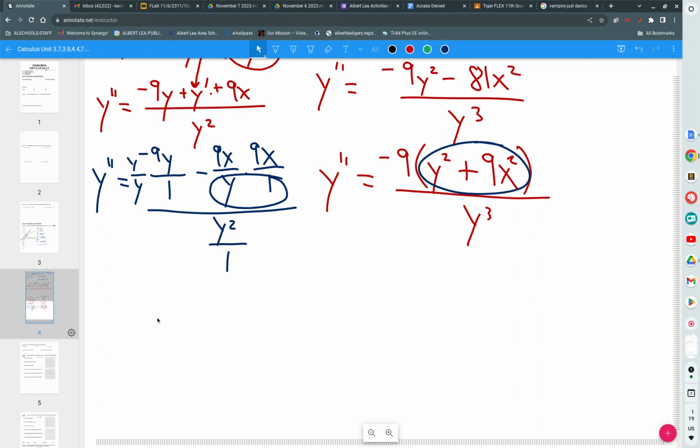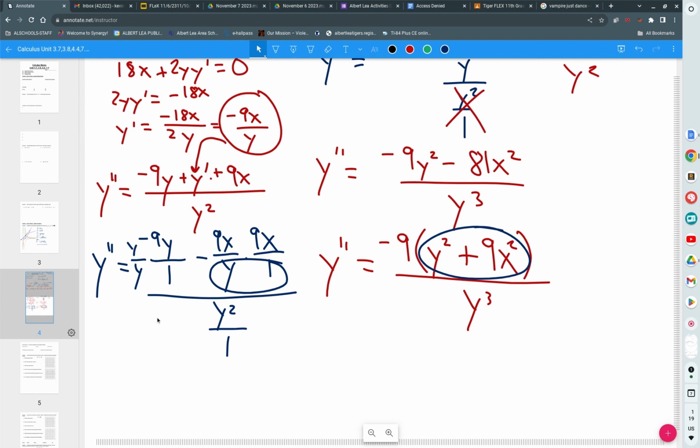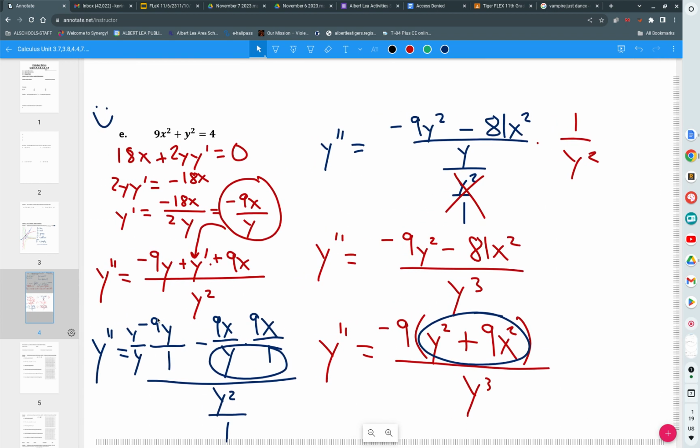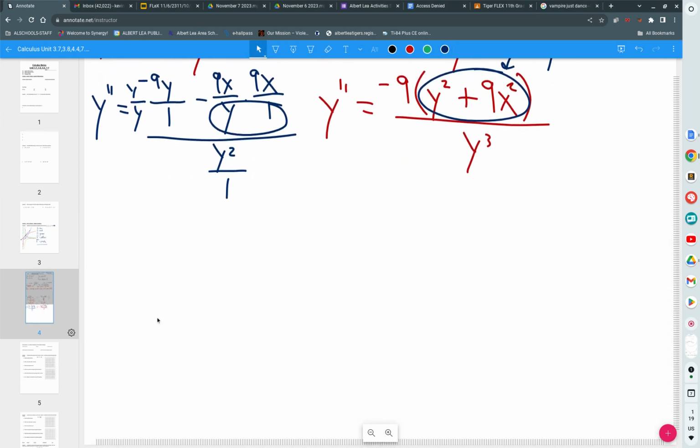What is y squared plus 9x squared equal to? It's equal to 4. 9x squared plus y squared is 4, so that 4 just drops right in there. And that actually simplifies. We get y double prime is equal to negative 36 over y cubed.